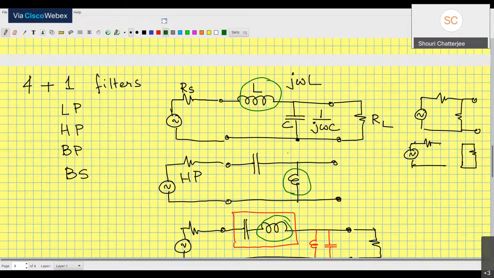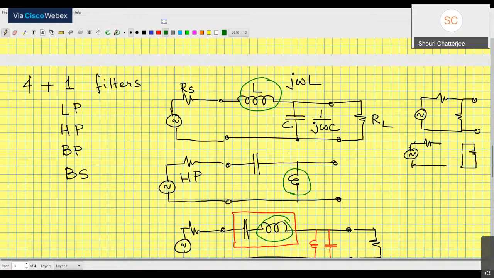The only reason to go for active filters is to get rid of this inductor and replace it with something else. There are two ways of making active filters. One is you replace the inductor altogether with a circuit that simulates an inductor. For this you use something called a gyrator, an op amp based circuit to emulate an inductor.